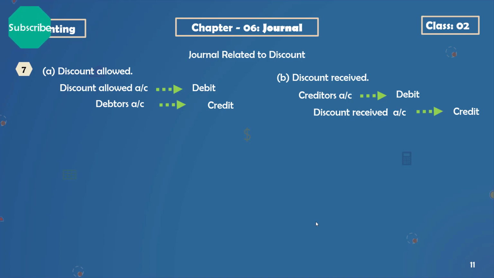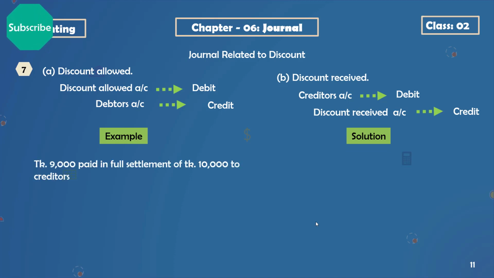Okay, example. Taka 9,000 paid in full settlement of Taka 10,000 to creditors. That means in the past you had a debt of Taka 10,000 to your creditors, but in the settlement, the creditors allow you to pay 9,000 instead of 10,000.